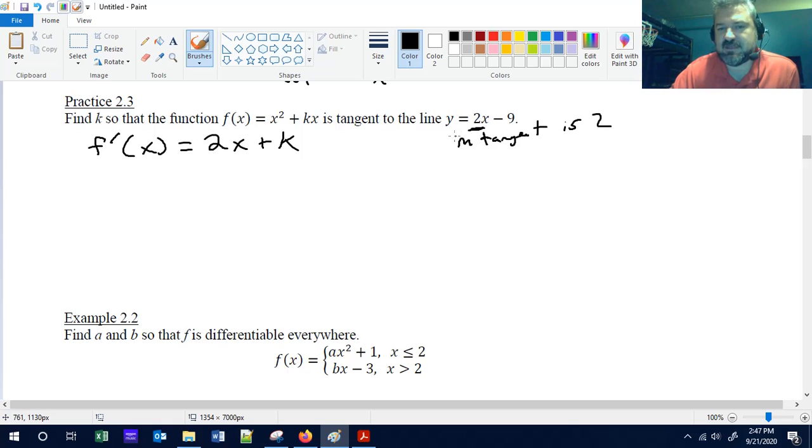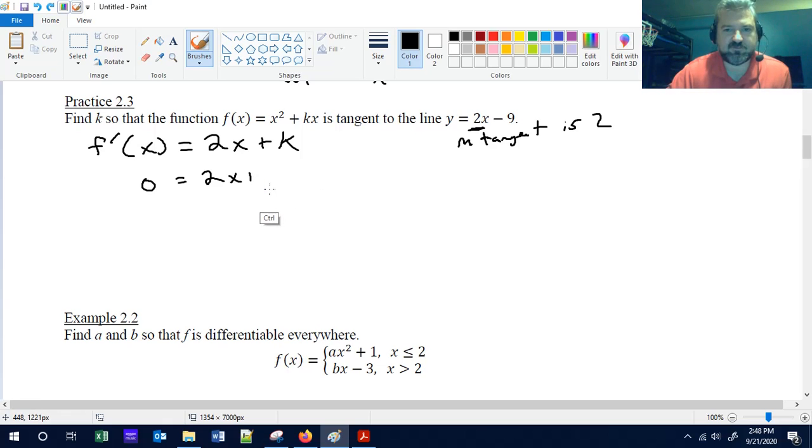Well, here's another thing that has to happen, is that this curve and this curve have to be touching. So at some place, x squared plus kx has to be equal to 2x minus 9. So I'm going to say 0 is equal to 2x plus k. I'm sorry, not 0.